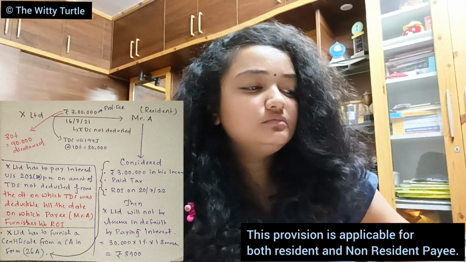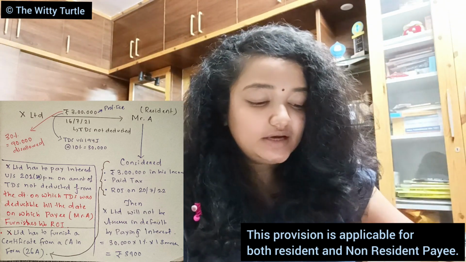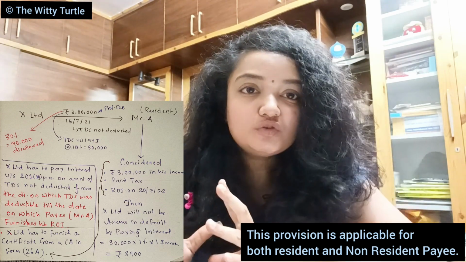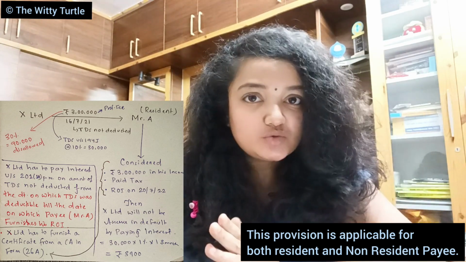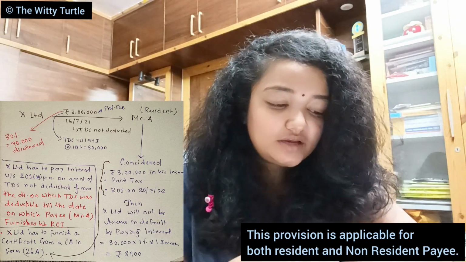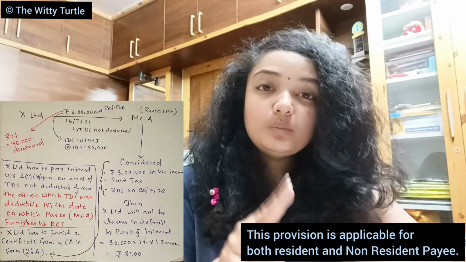Now first understand that in this case, what was the TDS amount which was supposed to be deducted? 30,000. So the interest will be paid on 30,000 only. The interest at a rate of 1% is being paid for how many months?